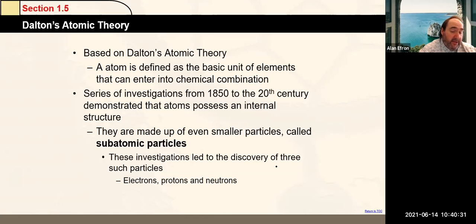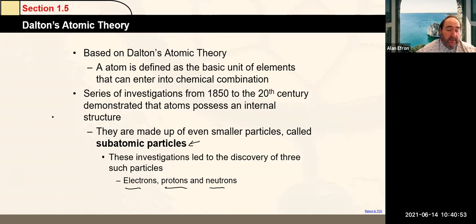Although atoms are extremely small particles, they are really made up of even smaller particles, which are referred to as subatomic particles. There are three that you are probably familiar with: electrons, protons, and neutrons.